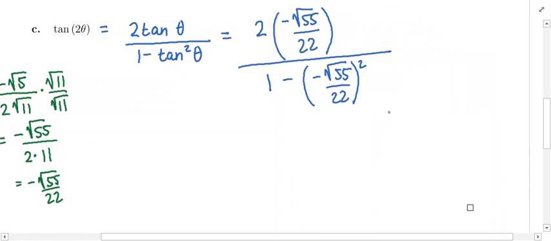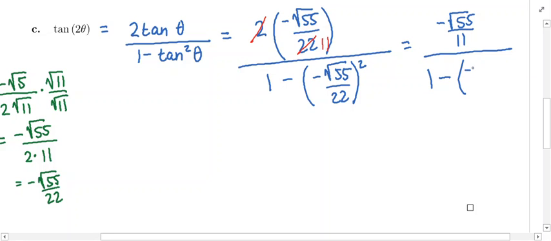In the numerator, 2 goes into 2 one time, 2 goes into 22 11 times. We're going to have negative square root of 55 over 11. In the bottom, we've got 1 minus, and then we're taking negative square root of 55 over 22 and multiplying it by itself.